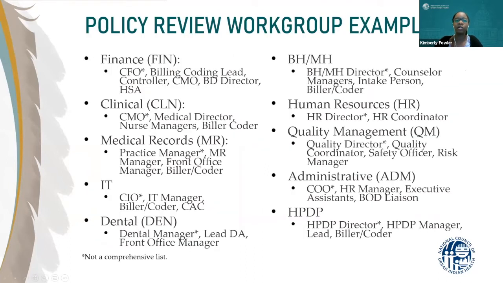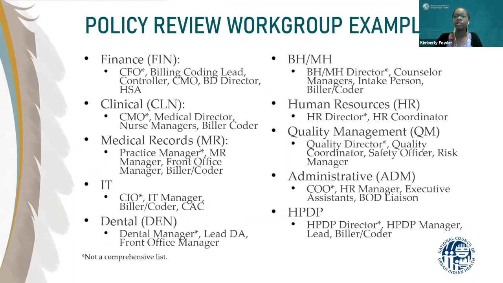And we started to talk about that a little bit in sharing some of those tools. But as you can see on your screen here, there could be several work groups that are involved in your policy review process, depending on the groupings. So your human resources could have its own quality review, which would include your HR director and the HR coordinator.